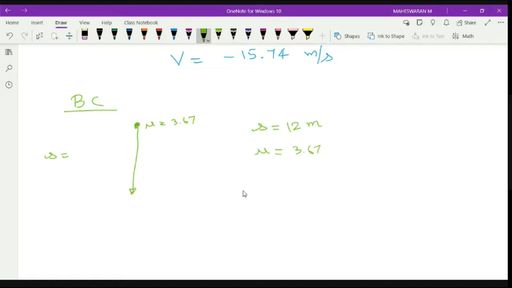So U is 3.67. Now if I consider V, I can use this formula, V square is equal to U square plus 2AS. Now it is plus because my acceleration is downwards, my A is positive 9.81, since I have split it into B to C. So V square is equal to 3.67 the whole square plus 2 into 9.81 into S, which is positive 12 meter.